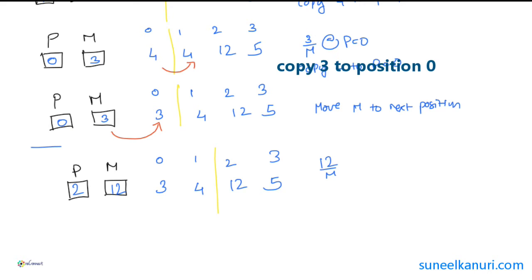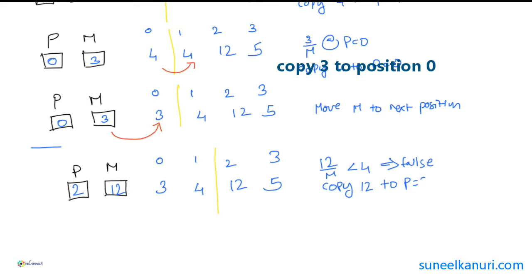So we're going to compare 12 with the first sorted element, which is at position 1, which is 4. Since 12 is not less than 4, we will not shift 4, and we're going to copy 12 to whatever the position of P is, which is 2. So we basically didn't do anything with 12 because it's at the right position. It's greater than any element in the sorted set.